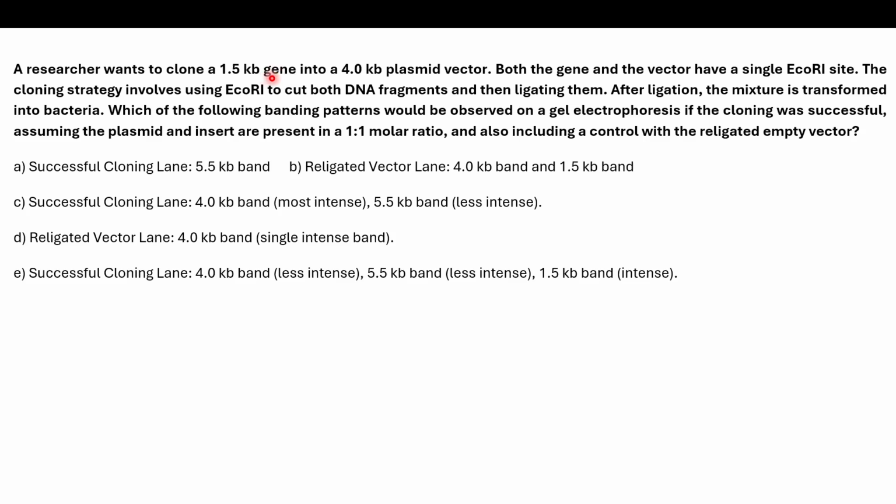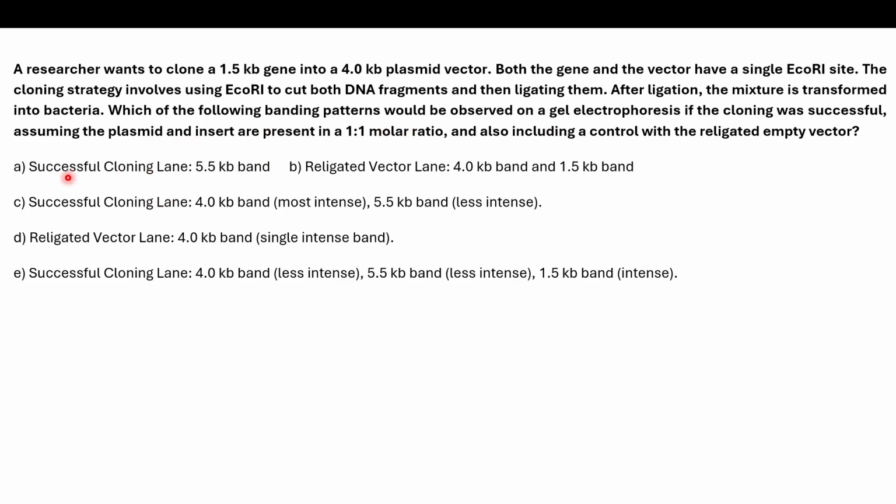Now, this plasmid vector will also have a high tendency to religate without the insert being ligated there, thereby forming the empty vector, or if the insert is there, it will form the recombinant vector. So out of these options, what might happen here?